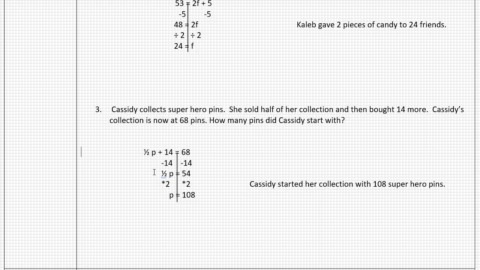So instead of changing it to division, I thought about it as p being divided by 2 to get half, and the opposite of dividing by 2 would be to multiply by 2, and that way we find that 54 times 2 is 108, and so she has 108 pins that she started with.